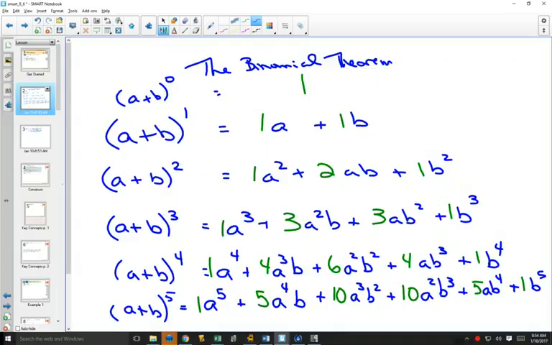So notice the powers of A go down by 1, and the powers of B go up by 1.